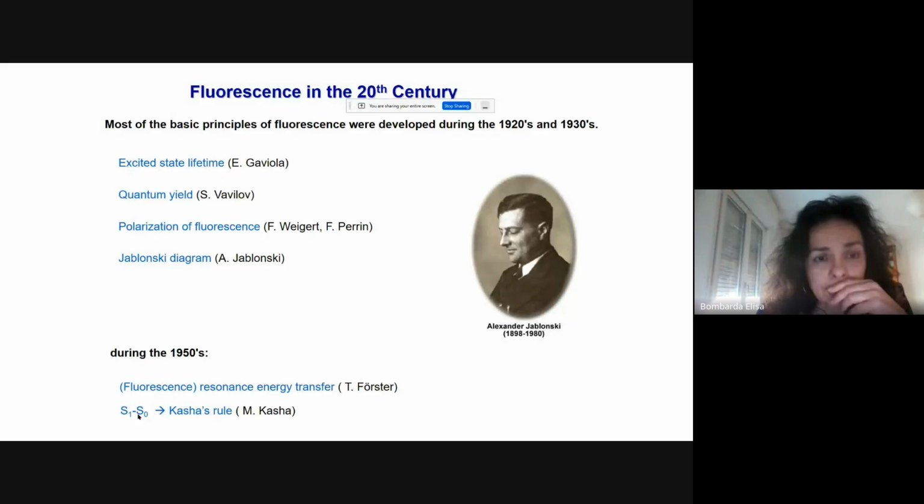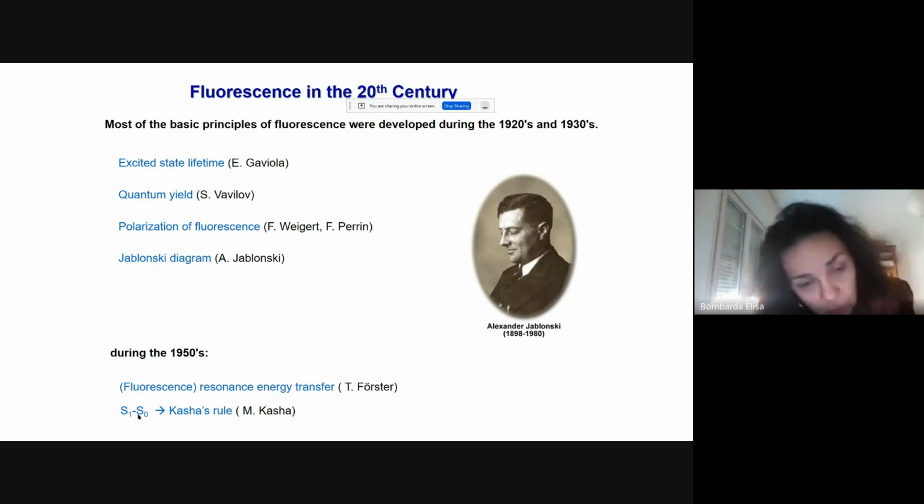Okay, so let's stay a little bit in the history, just to see what are the major concepts in fluorescence spectroscopy that we will analyze one by one. These concepts were clarified and codified in the last century: the excited state lifetime, the quantum yield, the polarization of fluorescence, and the Jablonski diagram.